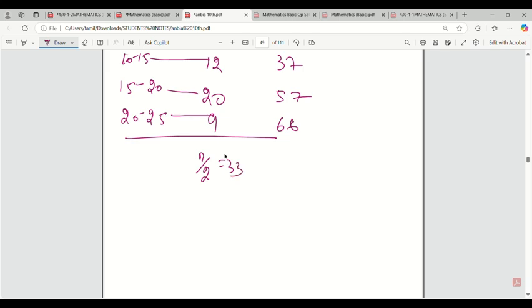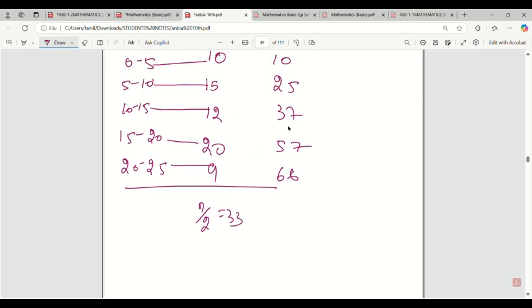Okay, so n by 2 is equal to 33. This will be the n by 2 value, and the cumulative frequency above it, 25, will become your CF. This will be the frequency, and 10 will be the lower boundary, right?